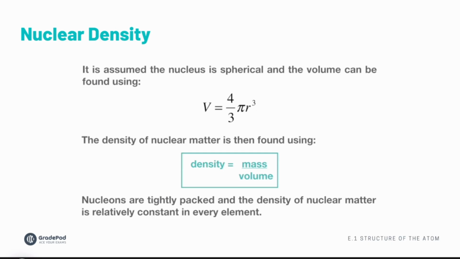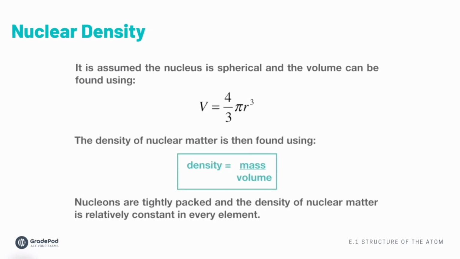We assume that the nucleus is a sphere, and we know that the radius is given by r = r₀A^(1/3).